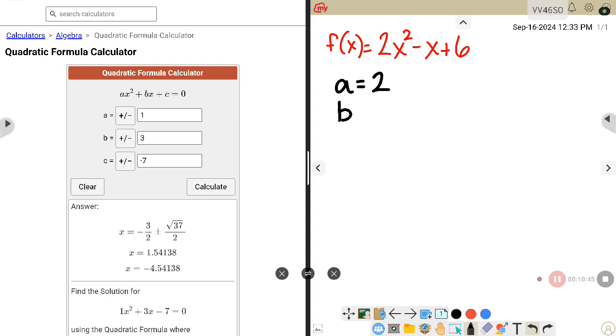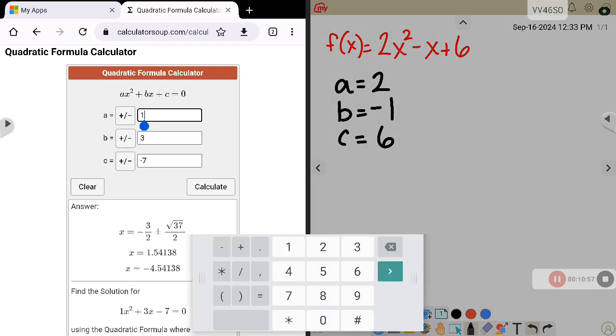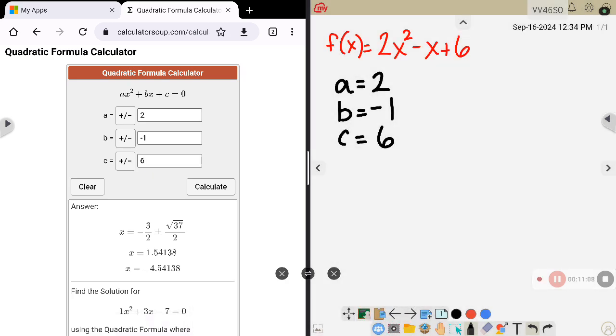My b, which is the number in front of x, will be negative 1, and my c will be 6. So let's enter these new numbers into our quad calculator. So my a is 2, my b is negative 1, and my c is 6. And then calculate.